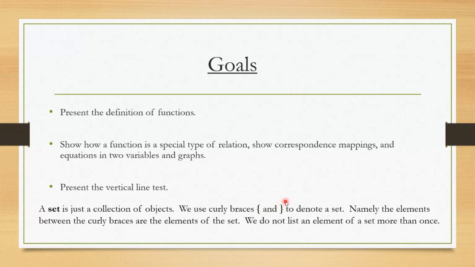And what we do with sets, we list the elements one by one with commas. We don't list an element more than once, though. In other words, in a set, you're not going to have repetition. There's a lot more set theory in the book, but this is all I'm going to do for sets.